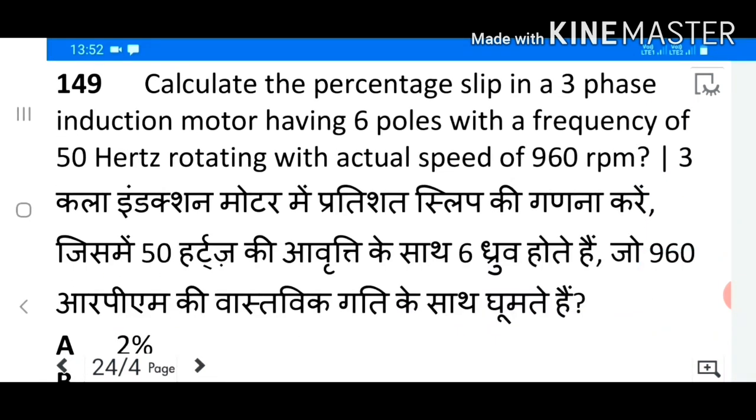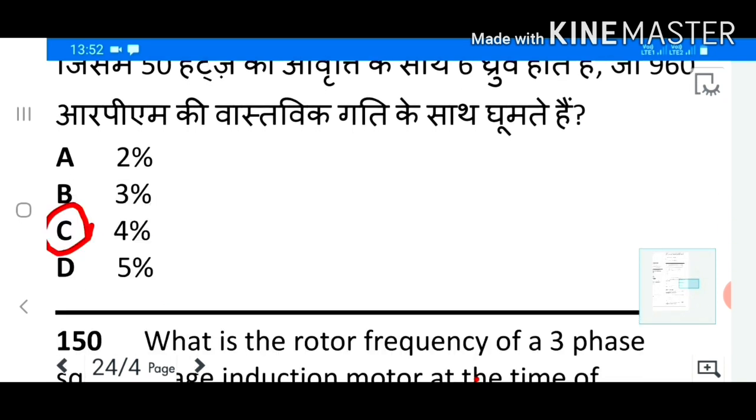Calculate the percentage slip in a 3-phase induction motor having 6 poles with a frequency of 50 Hz rotating with actual speed of 960 RPM. Answer C. 4%.